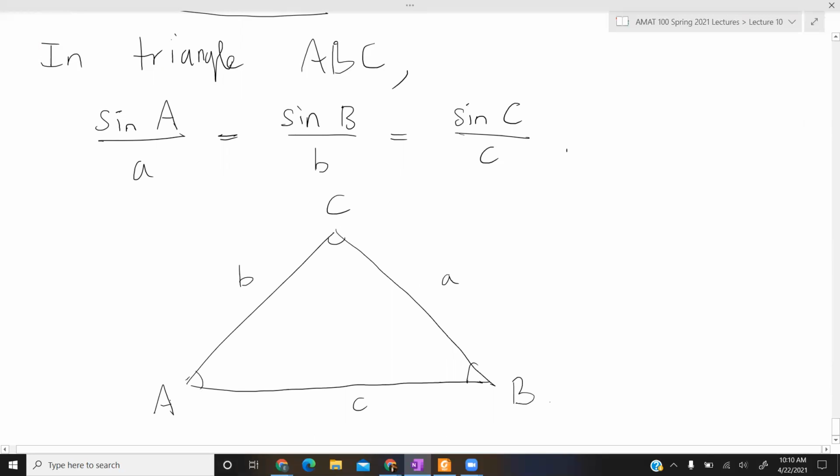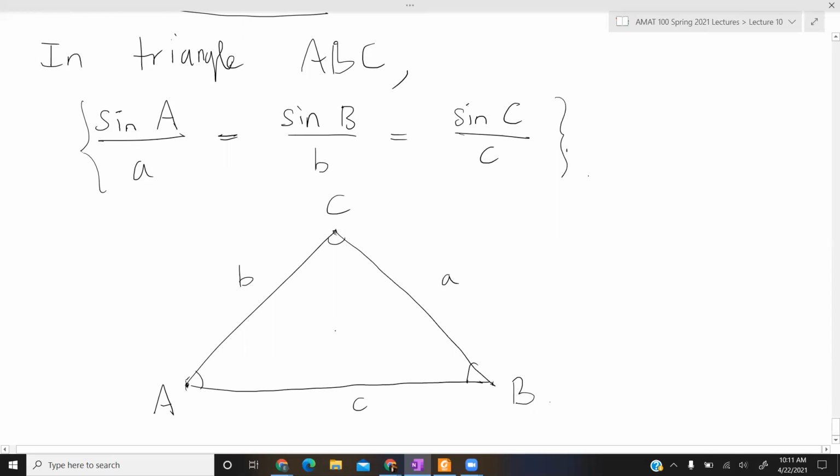So the idea is that you have this angle here, A, angle B, and C. The side across from angle A is side A. The side across from angle B is side B, or side of length B. And then the side across or opposite to angle C is the side with length C. And if you have a triangle set up in this way and labeled in this way, then this system of equations holds right here.